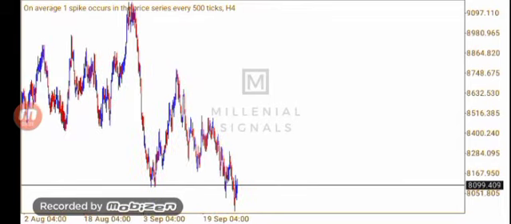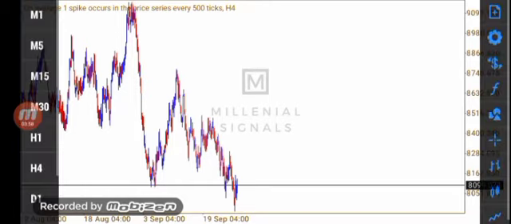So what do you see? Is this a downtrend or an uptrend? I will pause for you to answer that question. Is this a downtrend or an uptrend? Alright, clearly, as you can see, it's a downtrend.